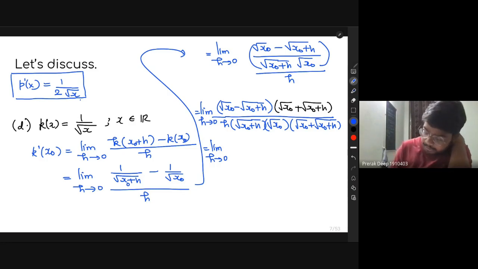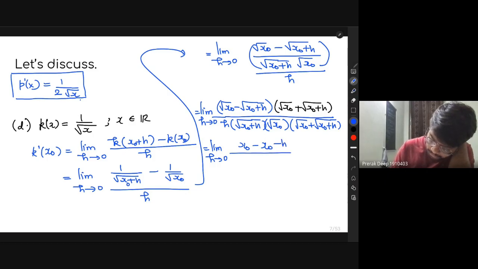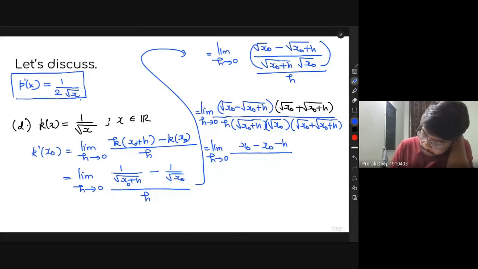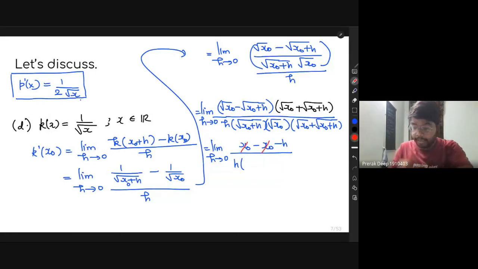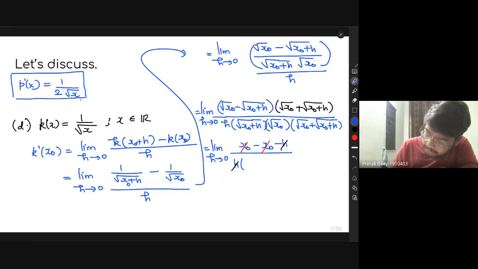Okay, and as a result what I will get is this part. After cancelling out this x naught with x naught, I can cancel out this h with this h in the denominator, and as a result I will be left with this part.